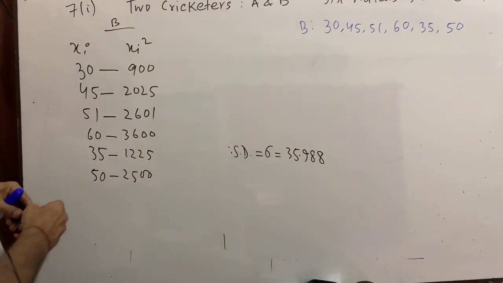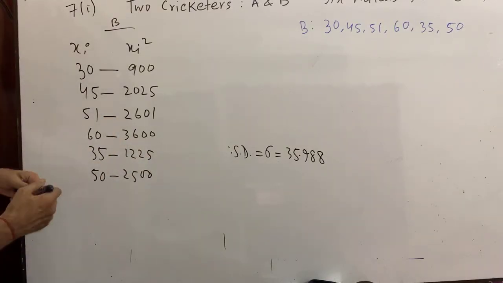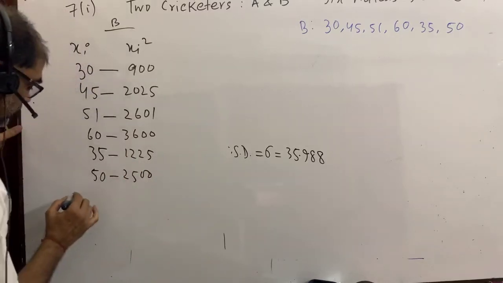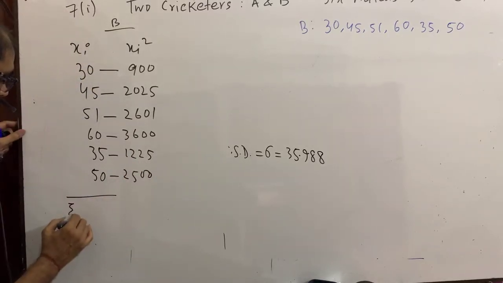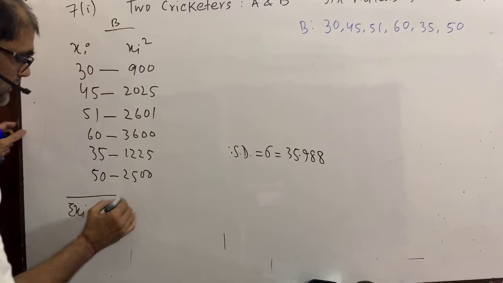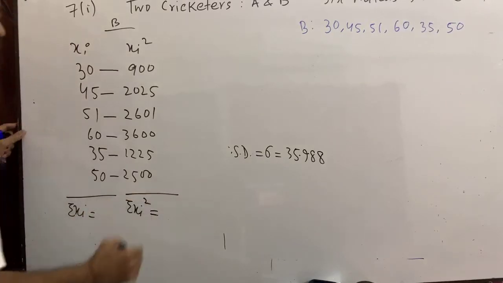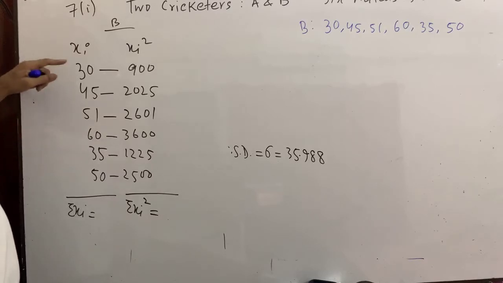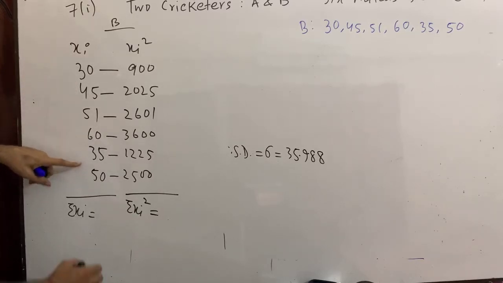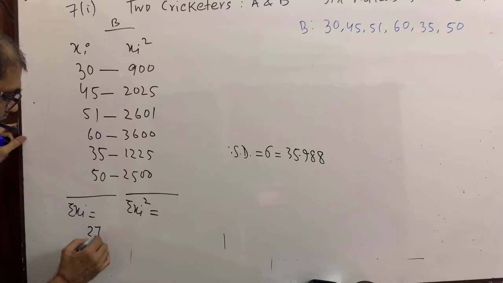You are required to calculate summation xi. Here summation xi equals what? As I told you, it is 271 that I found at first.